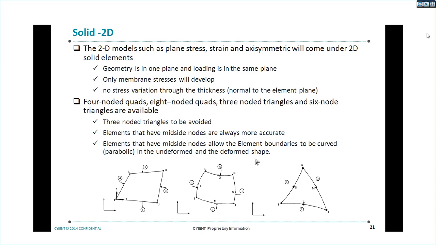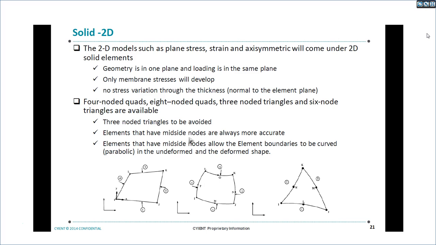The important observation here is that elements having mid-side nodes allow the edges to be curved, either in undeformed shape or deformed shape. If you see here, in this linear element, between two nodes it is a perfectly straight line.